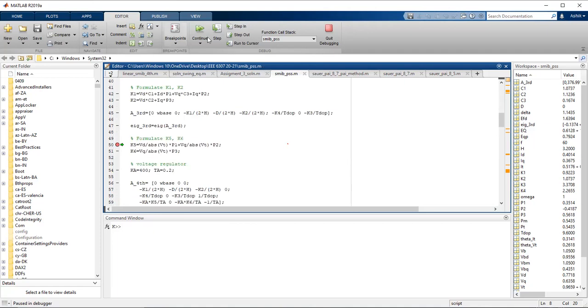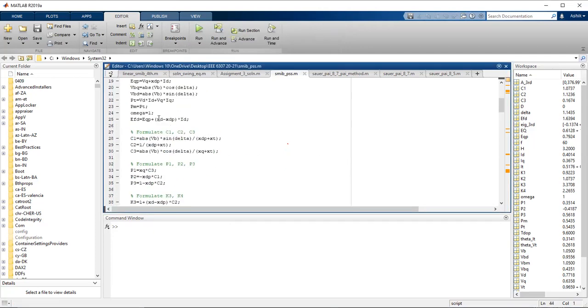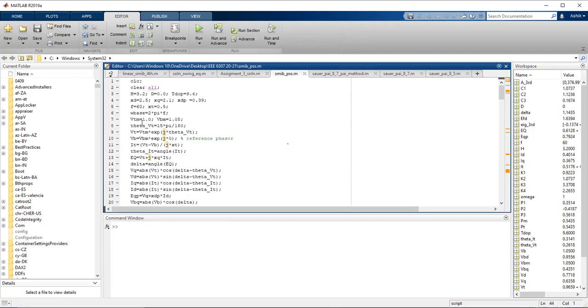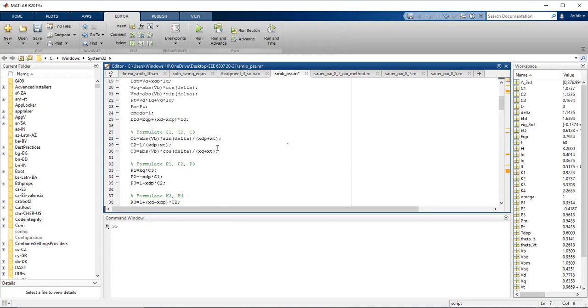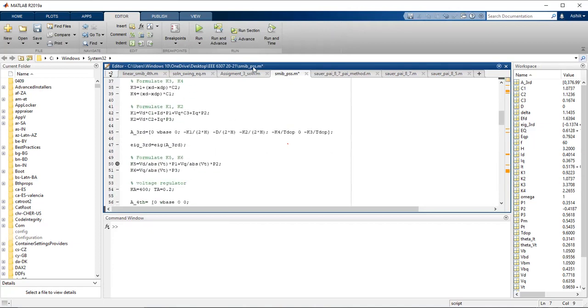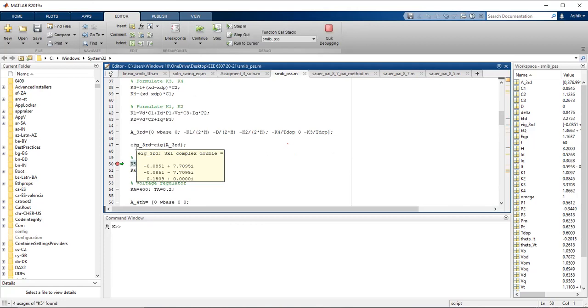So let's just check it. Just for checking purposes, let's make it 1.15, just for an example. Let's rerun it and check. So you see now the scenario has changed.